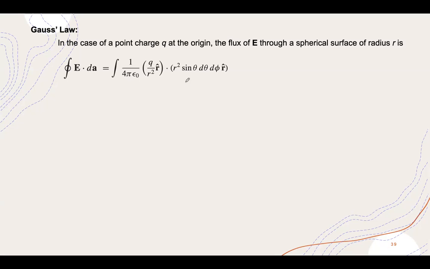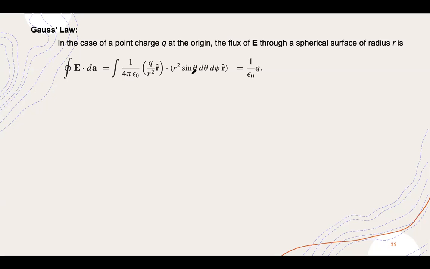We did this calculation last time, when we had the spherical object and calculated the electric field. So once we have this, it is going to give you q over epsilon naught, because the 2 pi factor is going to cancel against the 4 pi, so only 2 remains.